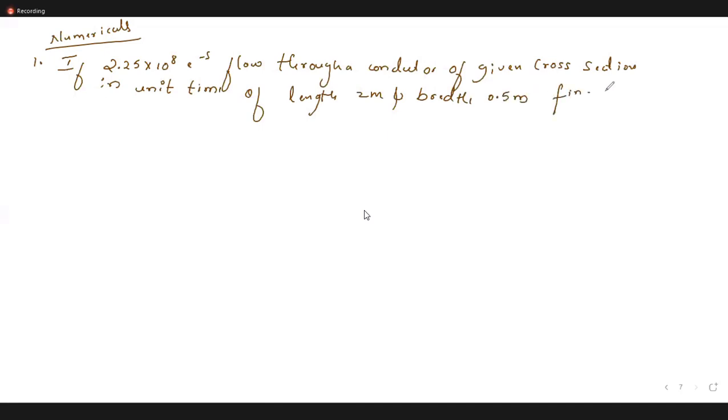Find the current and drift velocity. Current measurement. Do it fast.